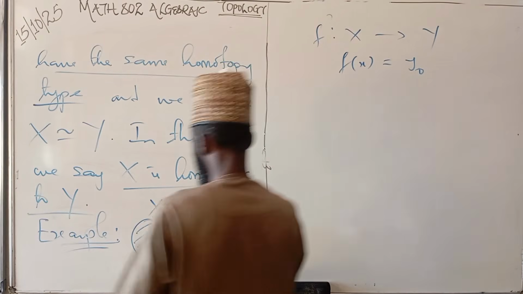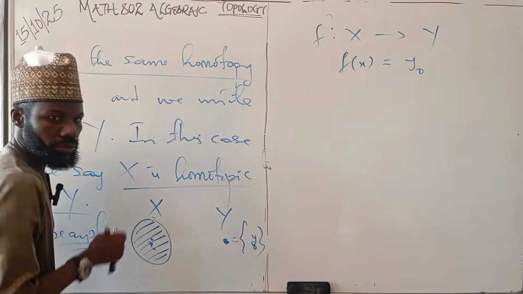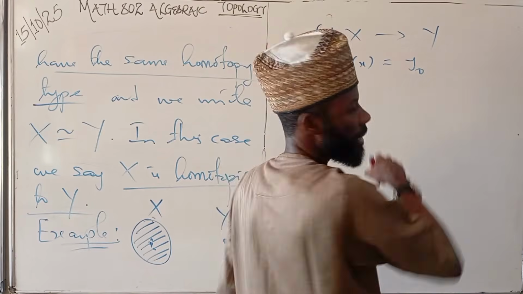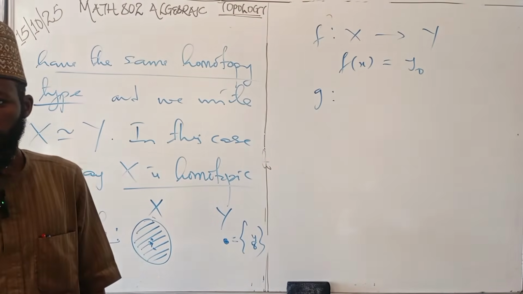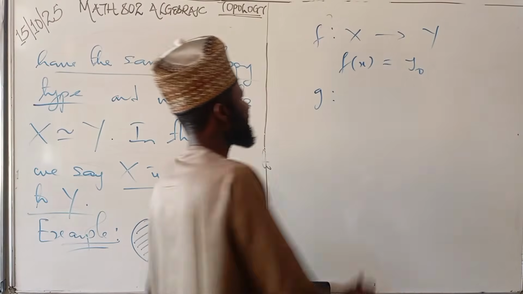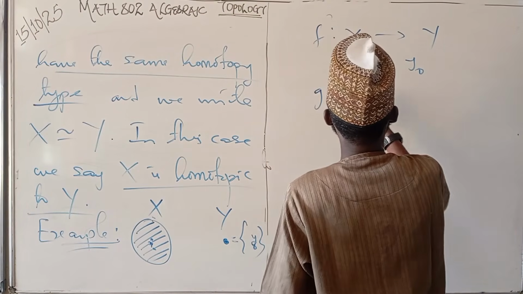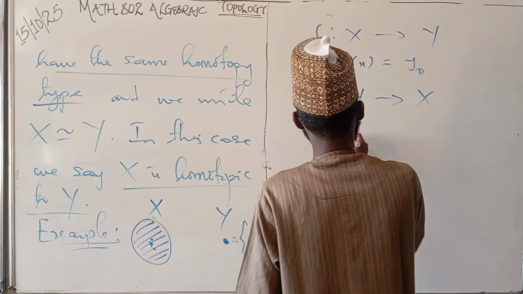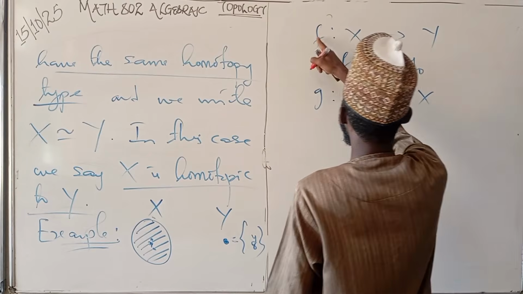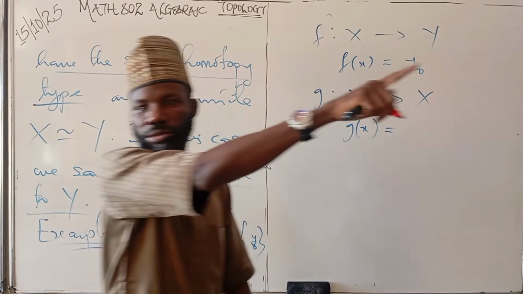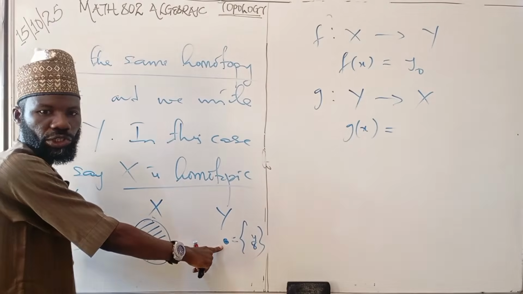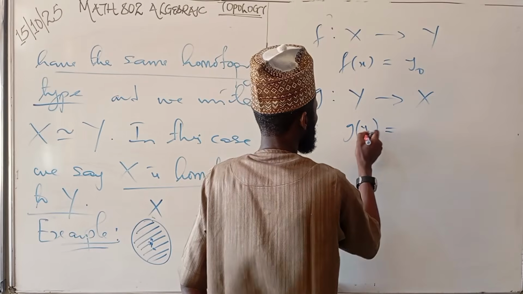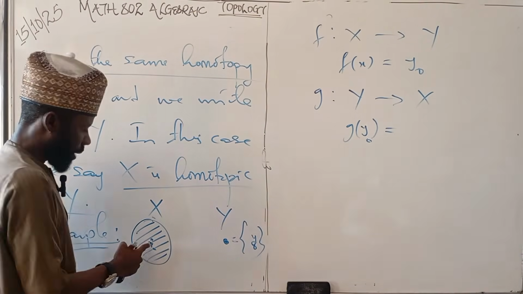If I call the central point down there X0, this mapping is continuous. It's a constant mapping. And if you take a mapping from Y to X, here you have only one way of doing it, sending everything to one point, because there is only one point in the codomain. But here you have so many ways of doing it. If you take Y naught, the only point here, where do you map it?